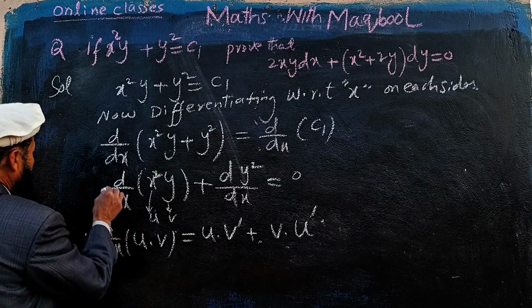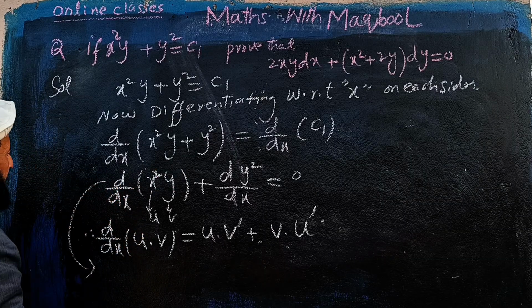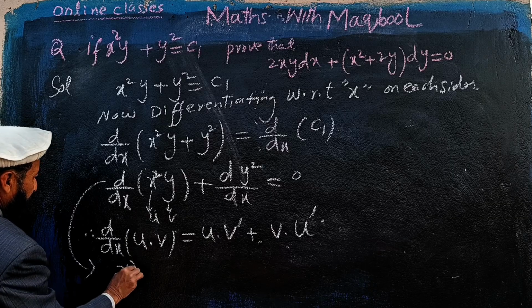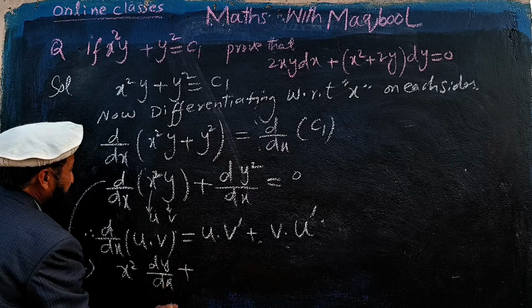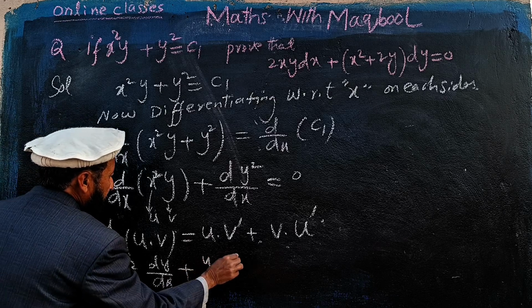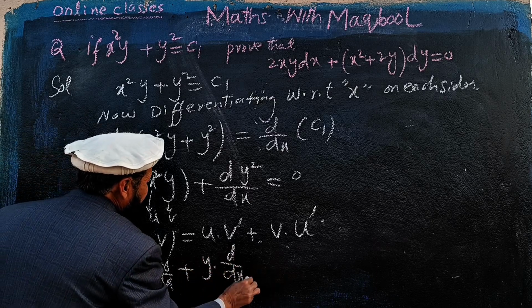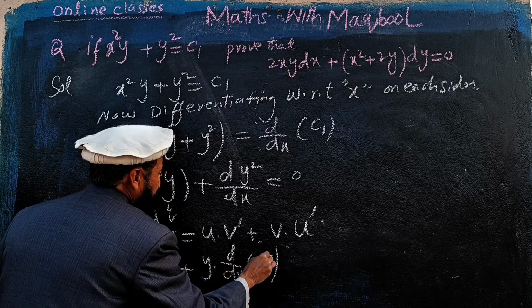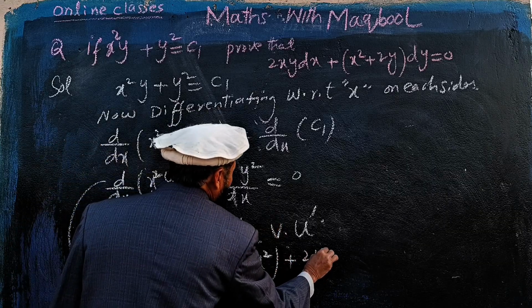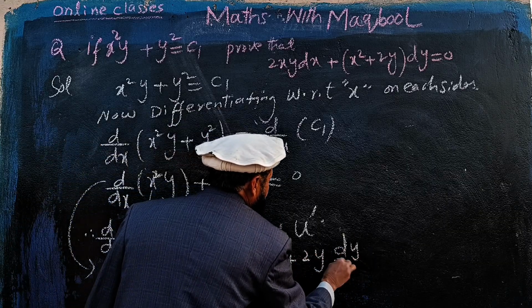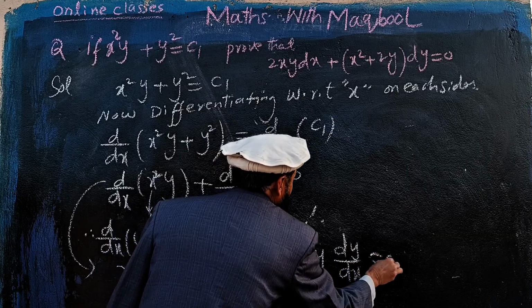We can write x square dy by dx plus y, which is outside, times the derivative of x square, plus 2y dy by dx is equal to 0.